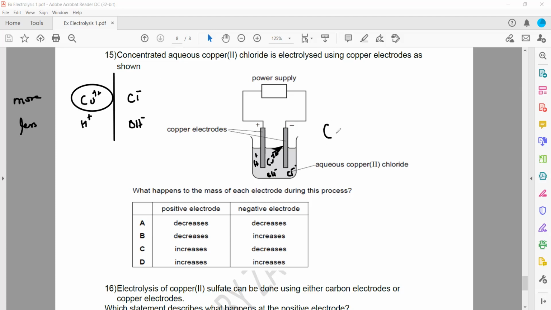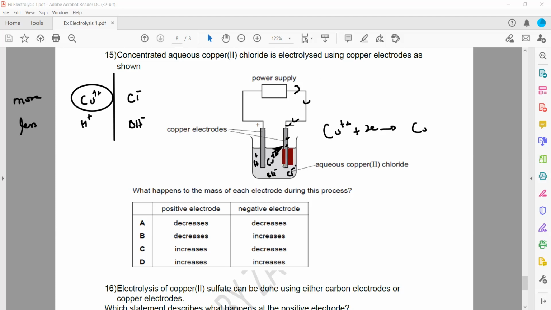When copper ions are there, they will gain electrons from the cathode and turn into a copper atom. When the copper ions turn into copper atoms, they will stick to the electrode, because copper metal is a solid.